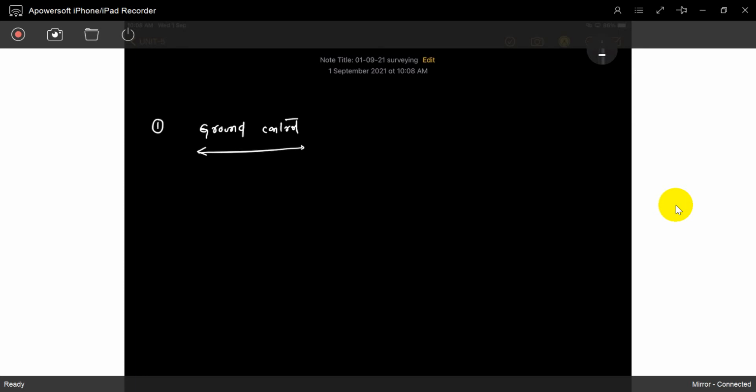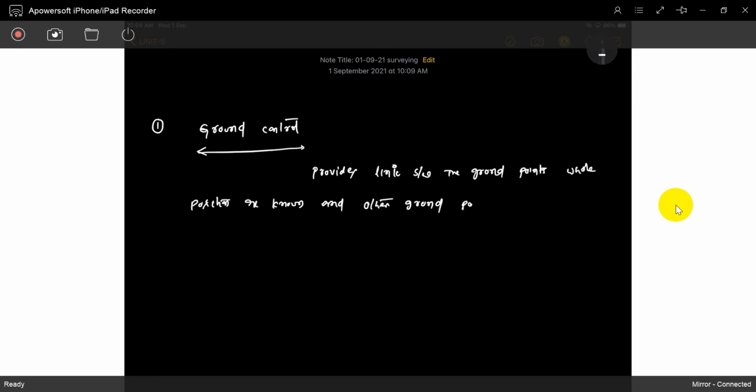So ground control provides a link between the ground points whose positions are known and other ground points which are photographed.